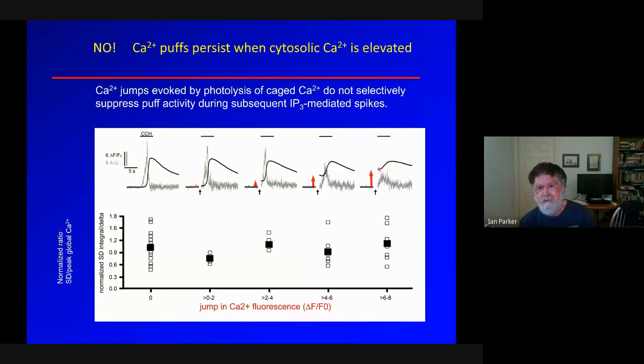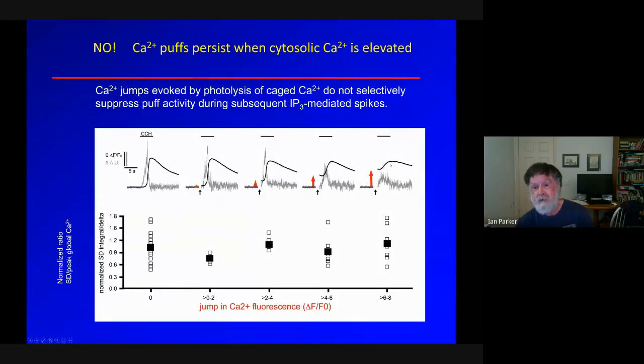So then if you just look at the right-hand panel here, at this point we photorelease calcium, we give a jump in basal calcium level from the starting point here up to the arrow where our trace begins again here. Now we've got this big elevation of calcium in the cytosol. We put the carbachol, we again see a global IP3 evoked signal, and we still see the SD signal. Both are somewhat reduced.